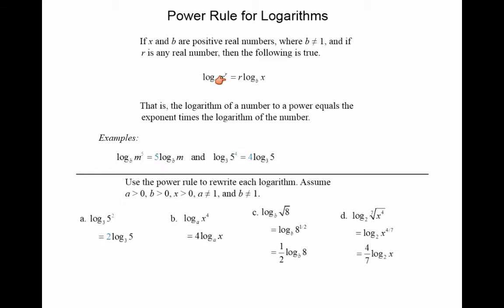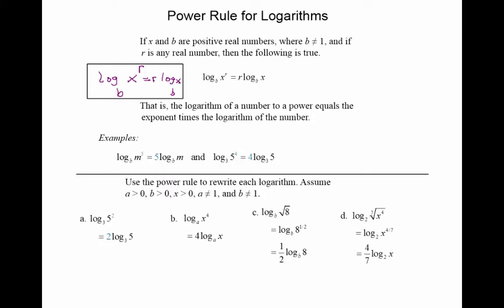So basically, all we're saying here is we can move that exponent. If I have log of x to the power of r with the base b, I can take that r and move it right here. That would be the same as r log of x with the same base.